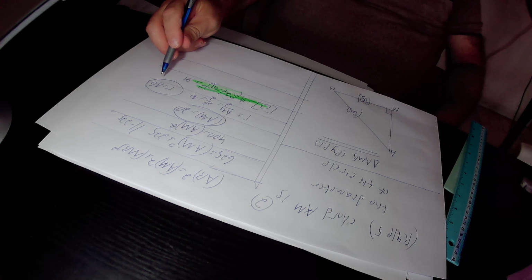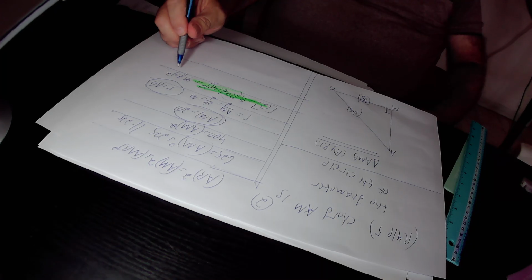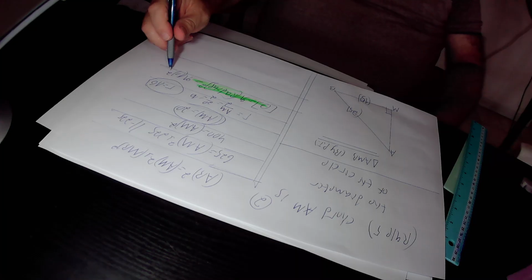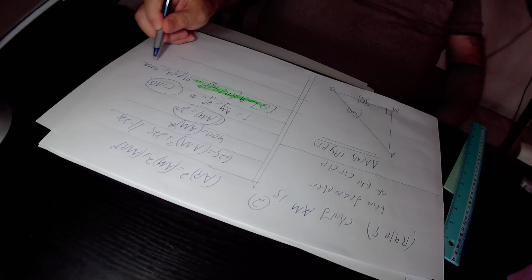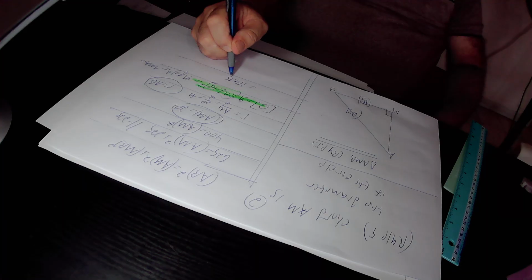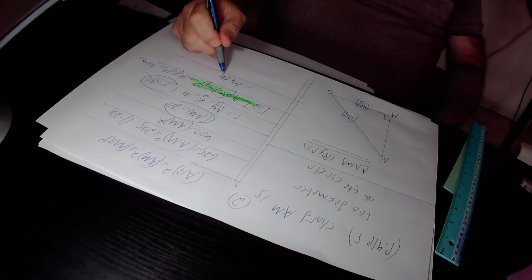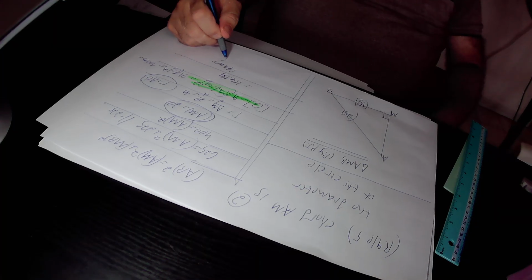The radius of the circle is 10, therefore the radius squared is 10 squared. So in total, the area of the big circle must be equal to pi times 10 squared. 10 squared is 100, so in total this expression equals 100 pi. 100 pi is equal to 314.159 square units. And that is the answer to the question.